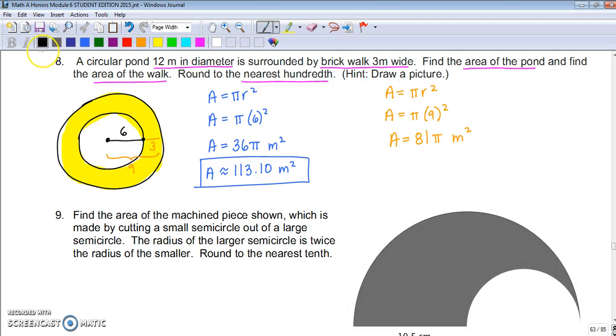What we're going to do is take 81 pi, or whatever that's approximately equal to, could have already rounded it, and take away from it 36 pi to get our final answer. So 36 pi came from here. You could also use 113.10 if you'd prefer.